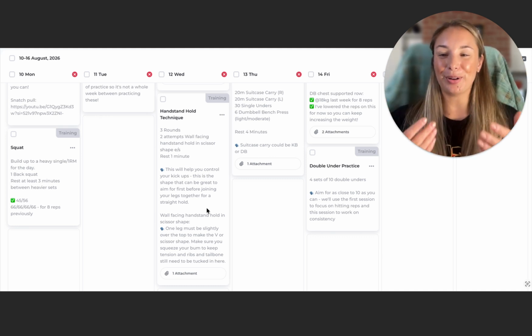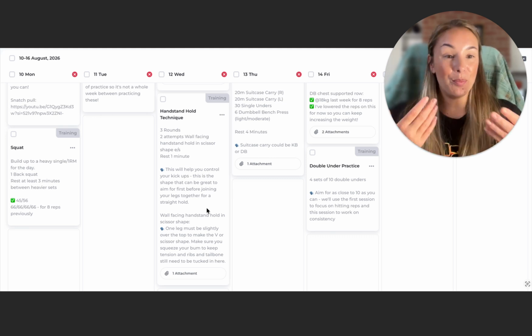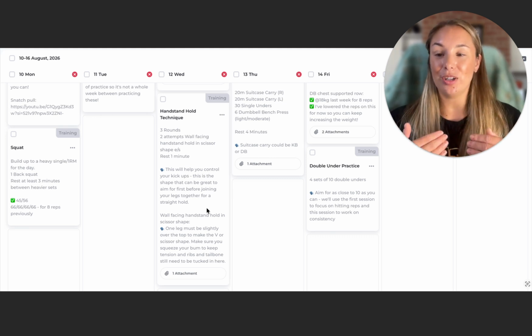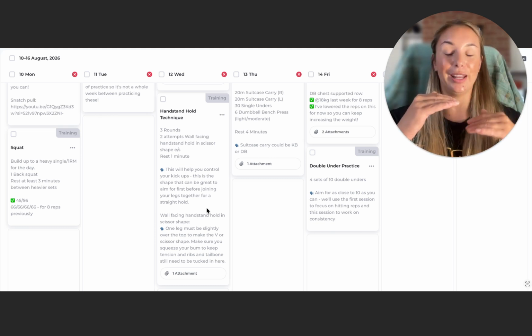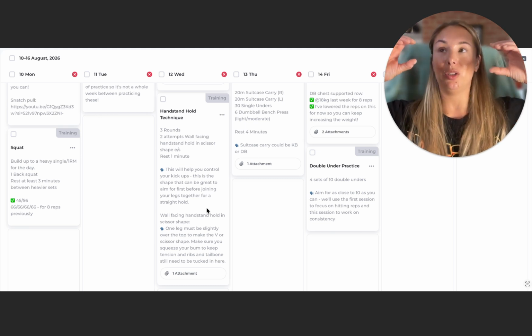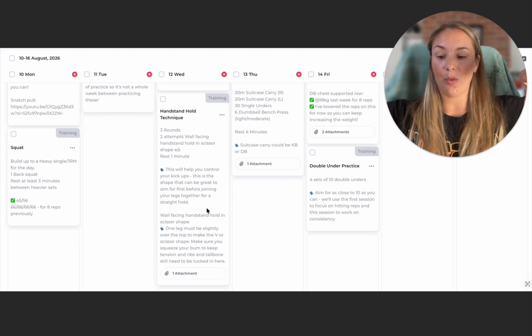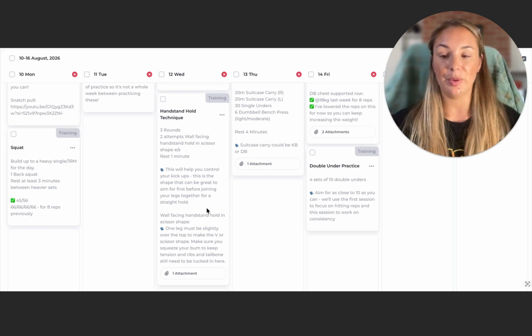So, summarized, the process of onboarding and starting out a new client looks very similar throughout any client's journey, and it's not just something that we do in week 1 with a one-off movement assessment.